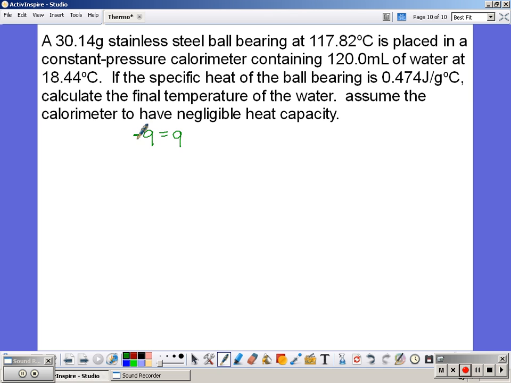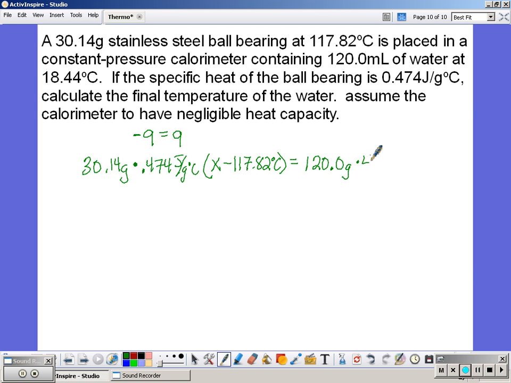So 30.14 grams times 0.474 joules per gram Celsius times the final temperature minus the initial temperature for the ball bearing equals the mass of my water, and since water has a density of 1, it's 120 grams, times the specific heat of water, which is 4.184 joules per gram Celsius, times the change in water.